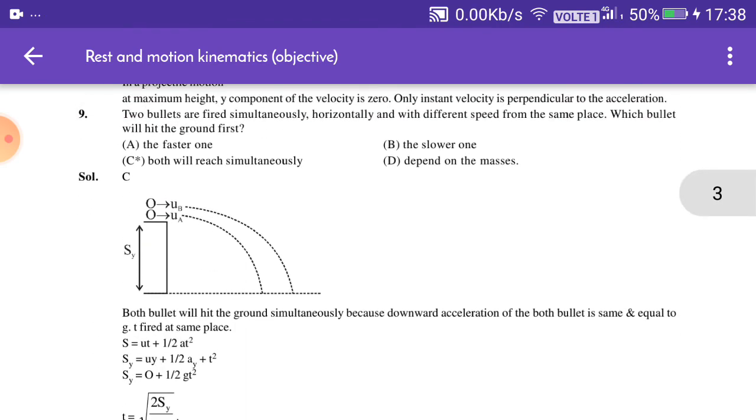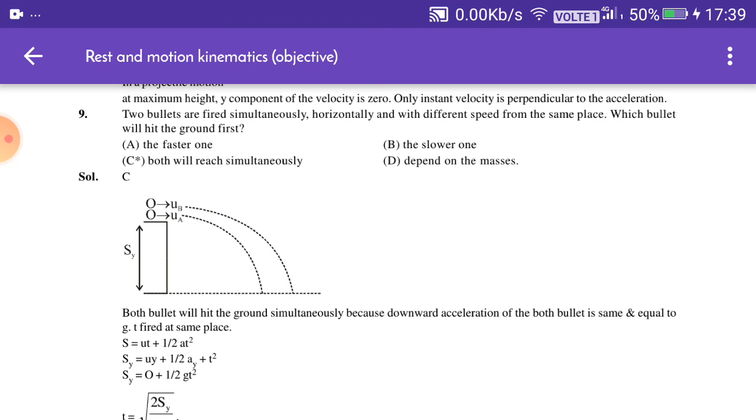Next question, ninth question. Two bullets are fired simultaneously horizontally with different speeds from the same place. Which bullet will hit the ground first? Both have been shown. There is a building having the height h. Both were released simultaneously, with UA and UB.